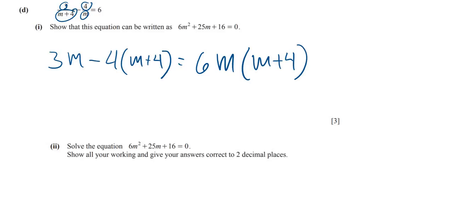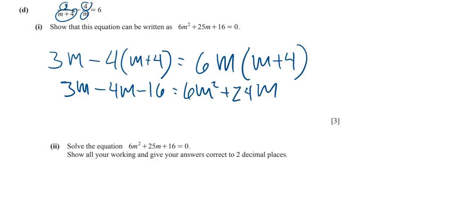And then, of course, there's many different ways to do this, but minus 16, 3m equals 6m squared plus 24m. You can kind of see now things are coming together.